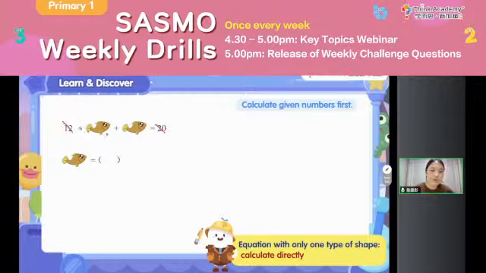If we take away 12 from both sides at the same time, then on the right side it will be 8, right? So 2 fishes equals 8. 1 fish equals how many? That will be 4, right? Okay, so everyone, remember this, really important. Calculate the given numbers first.